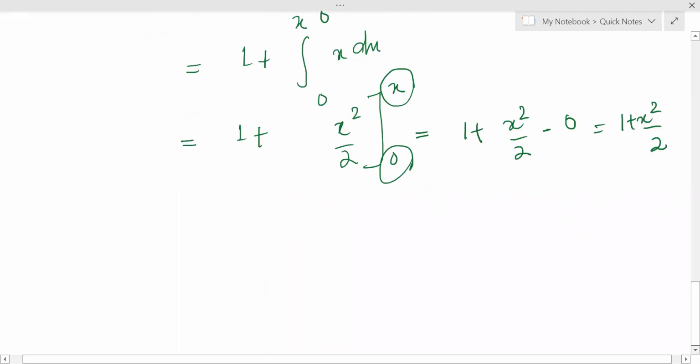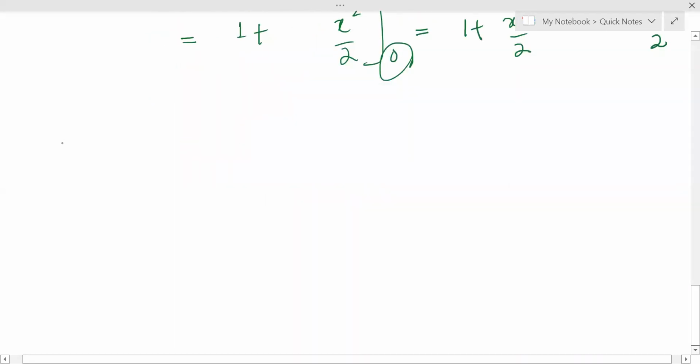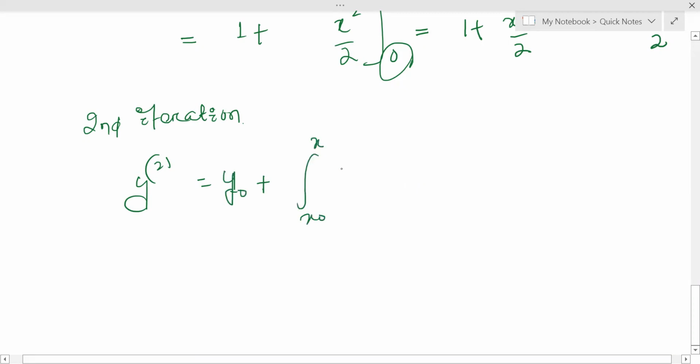Now coming to the second iteration process. That is named y2. And that is also 1 plus, as already told in the formula, y0 plus integration of x0 to x of f of x comma y1 dx.